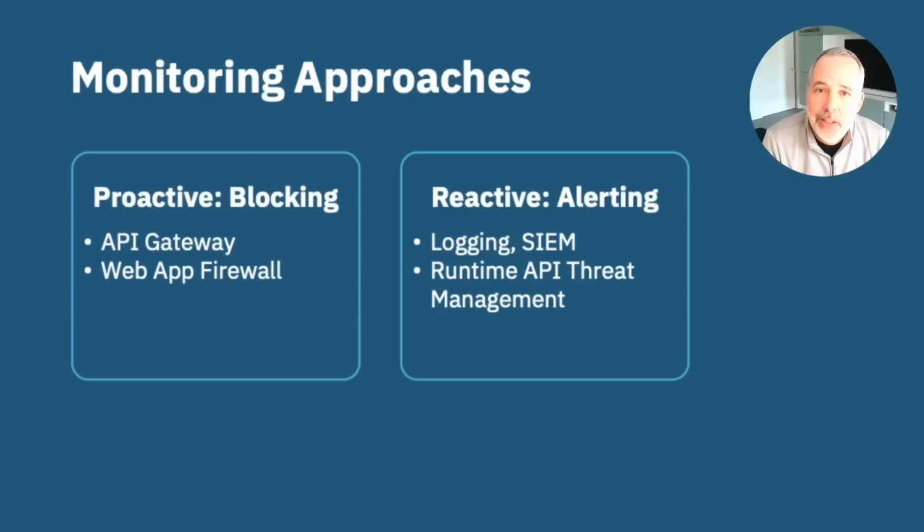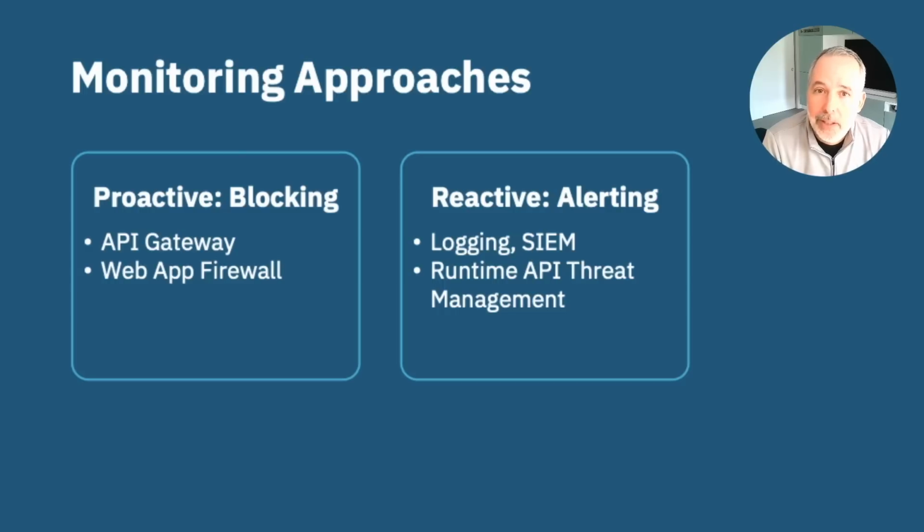So in this case, you want to get the alerts, you want to be notified, you want to be able to retrace the steps, because the last thing you want to do is start blocking legitimate traffic. And there may be instances where there's just simply not enough context to make a yes/no decision.